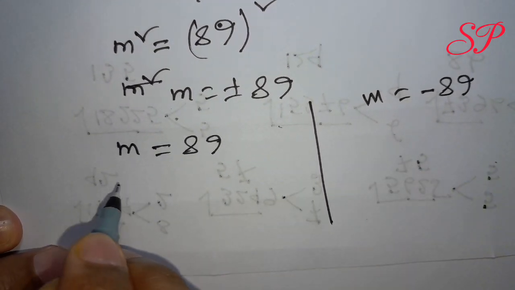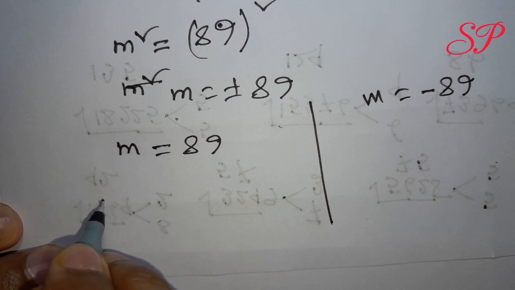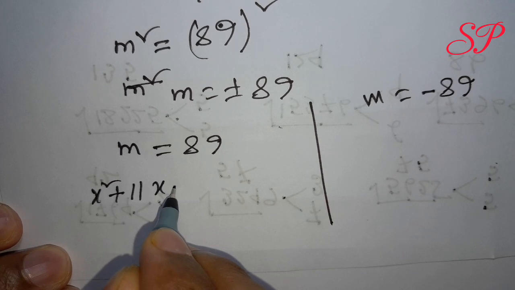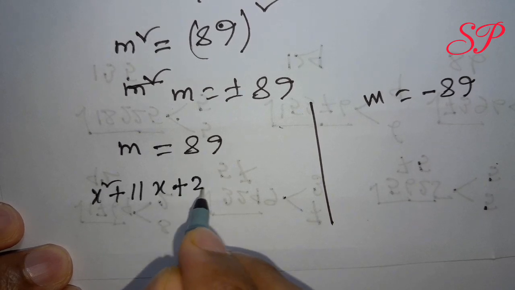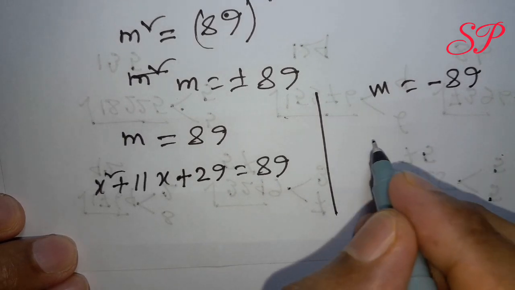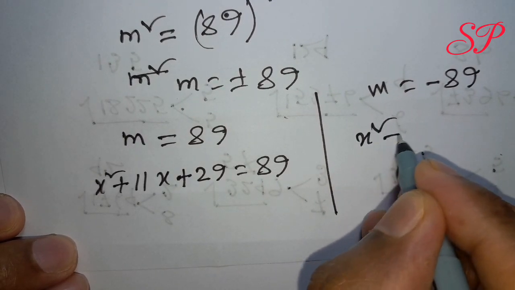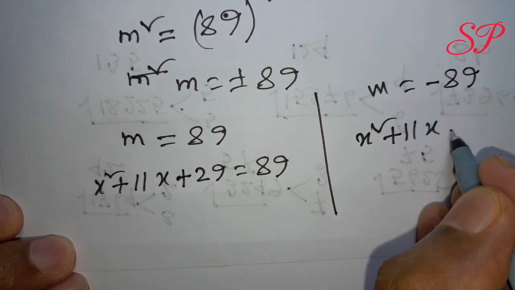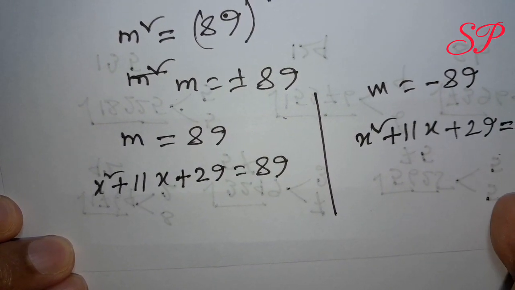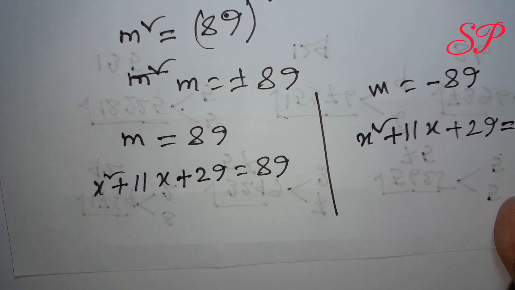Putting the value of m, we can write x square plus 11x plus 29 is equal to 89, and here also we can write x square plus 11x plus 29 is equal to minus 89.